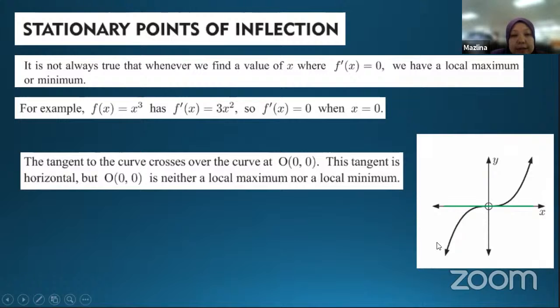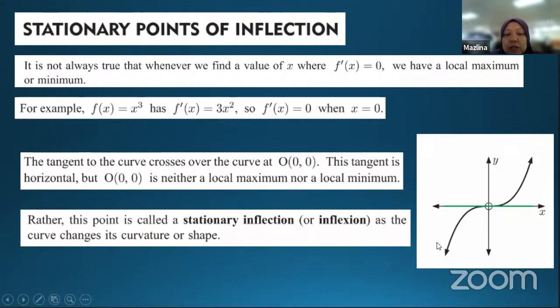Okay, so this is what we call a stationary inflection, as the curve changes its curvature or shape. Yeah, so it's a stationary inflection ataupun kita panggil point of inflection, POI. Okay. Kalau COVID ada PUI, math ada POI ya.